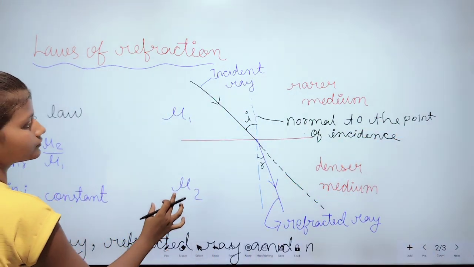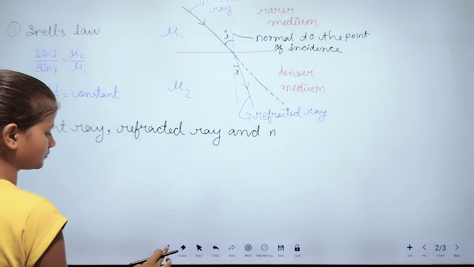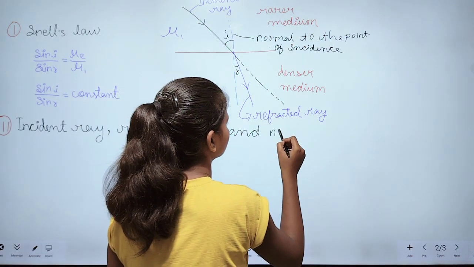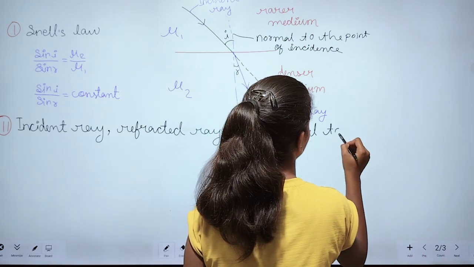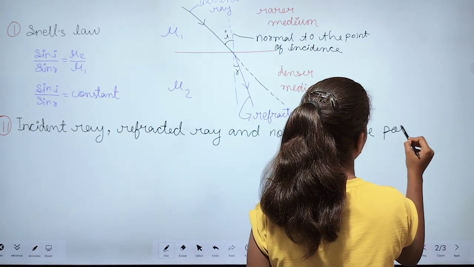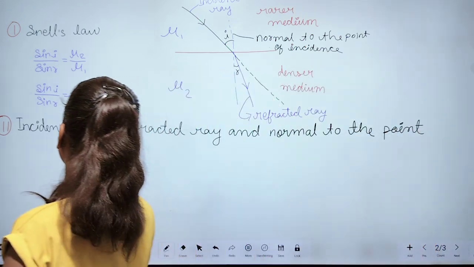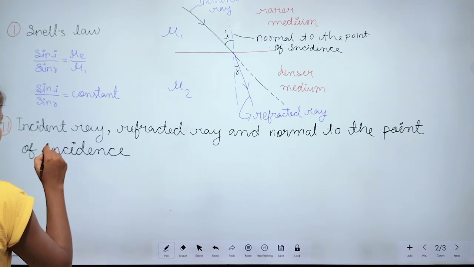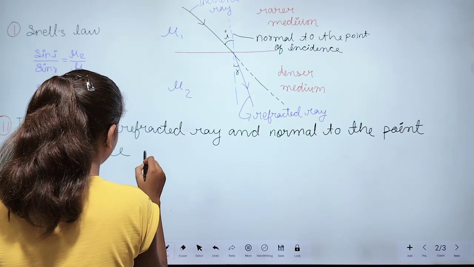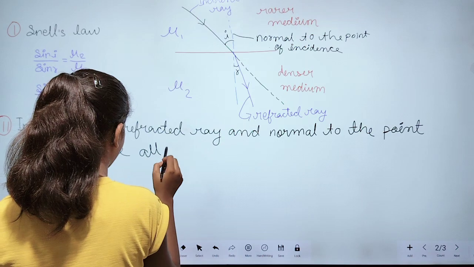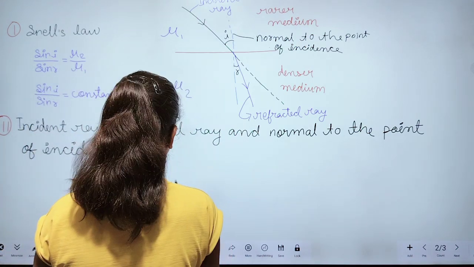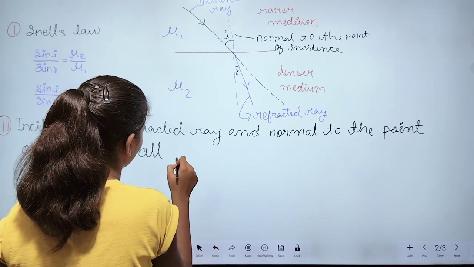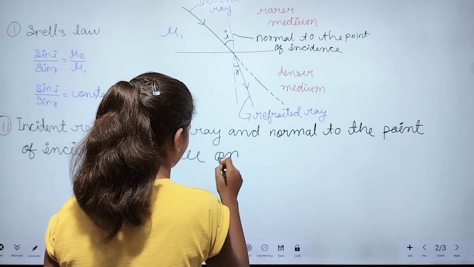Incident ray, reflected ray, and normal to the point of incidence all lie in the same plane.